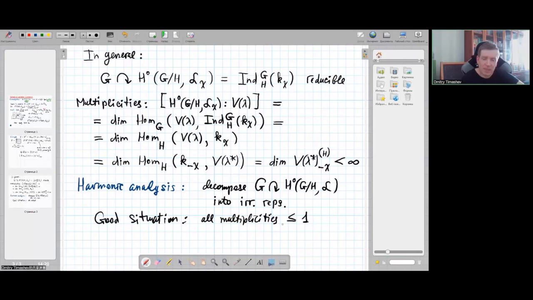But let's consider the situation when, if an irreducible G module occurs in the decomposition, then it occurs at most once. In this case, the decomposition is just unique. And here we meet for the first time one of the main heroes of my course, that is spherical homogeneous spaces.